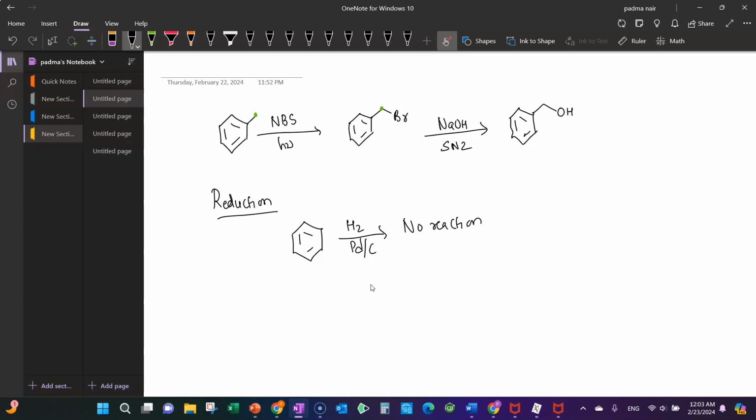However, we can reduce the benzene. For that, we need much harsher conditions, at a very high pressure and very high temperature.